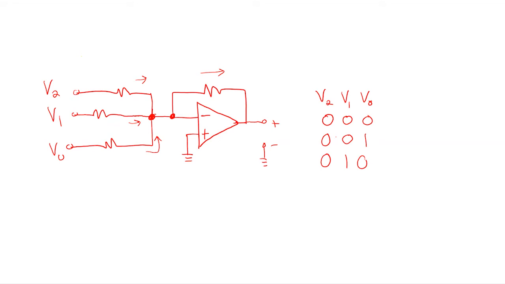Yeah, that's the easy one. Then 0, 0, 1, what's it become? Well, then you've got to use the math for that. Then if it's 0, 1, 0, what does it get? Coincidence that you're counting up like in binary? Well, I call this a digital-to-analog converter. Basically, if 0 volts is a 0 and 1 volt is a 1, and I have a 3-bit digital value, here's how I can convert that 3-bit digital value to an analog value.